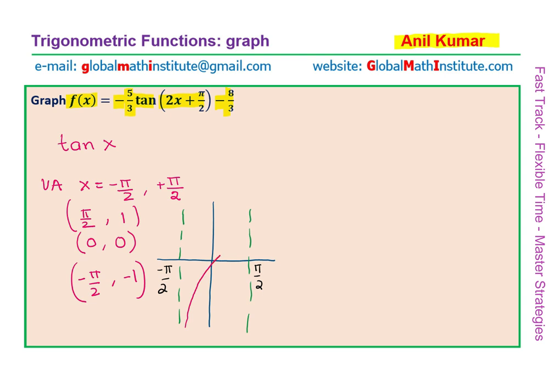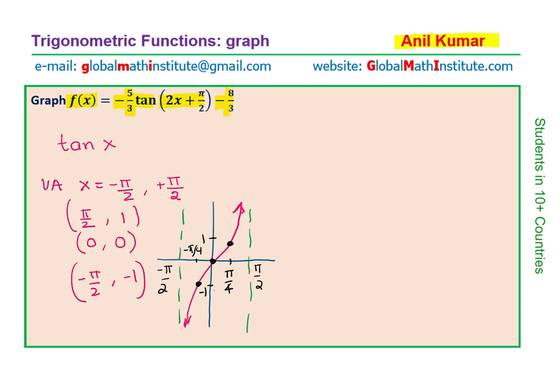It goes like this, right? And the key points which we are considering: it goes through the origin, and these are the three key points. So at pi by 4, the value is 1, and at minus pi by 4, the value is minus 1. Clear? So that is your parent function.